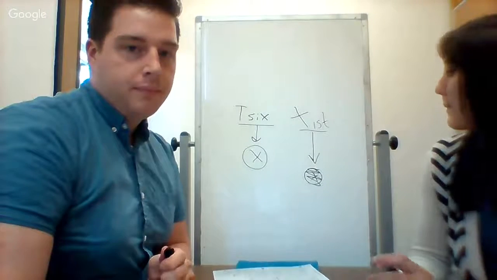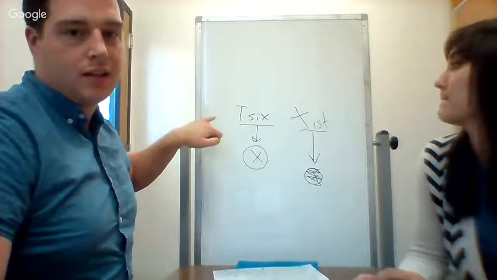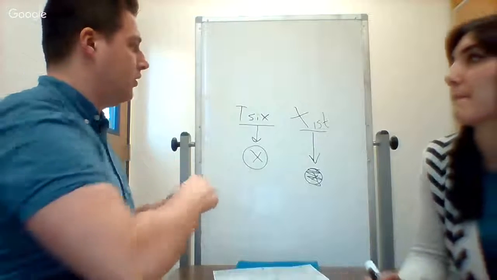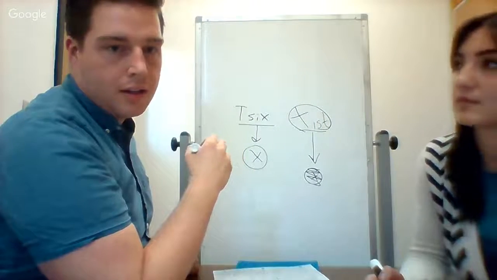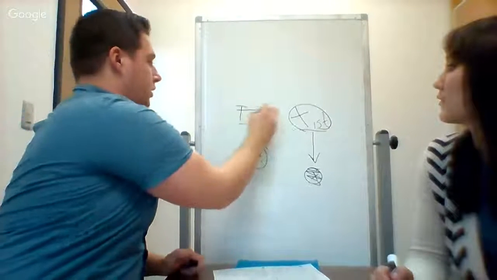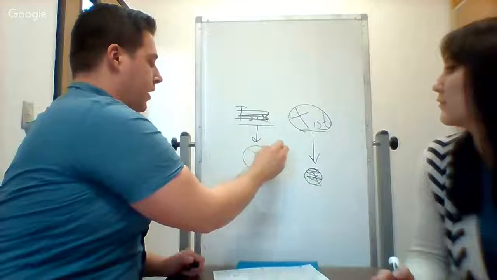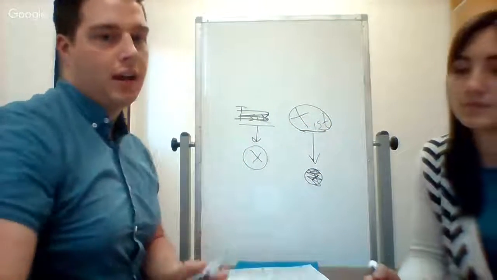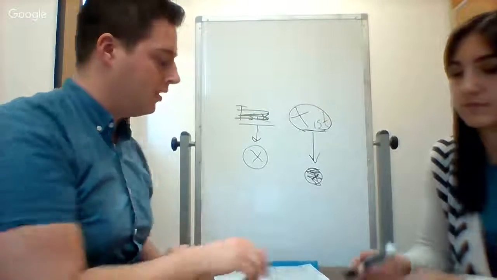And so in this question, the XIST gene is functional, this one here, and the TSIX is non-functional. And since TSIX is non-functional, then all of them are going to be inactivated here. And so the answer is there's going to be 2 Barr bodies, 1 on each X chromosome.